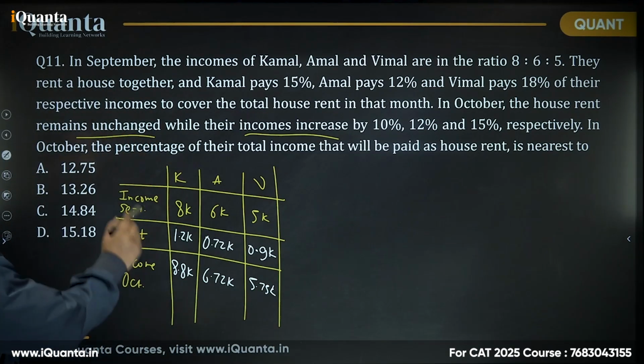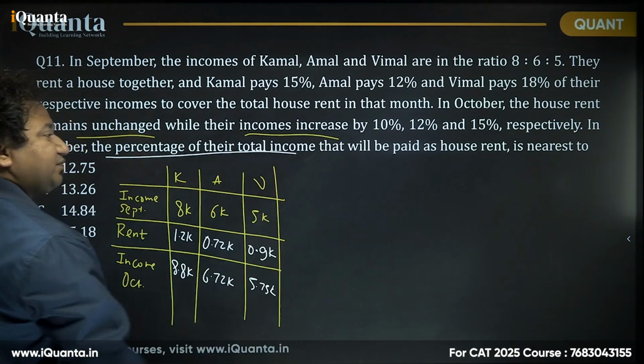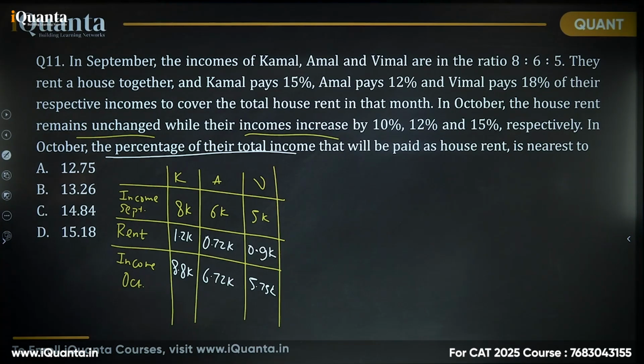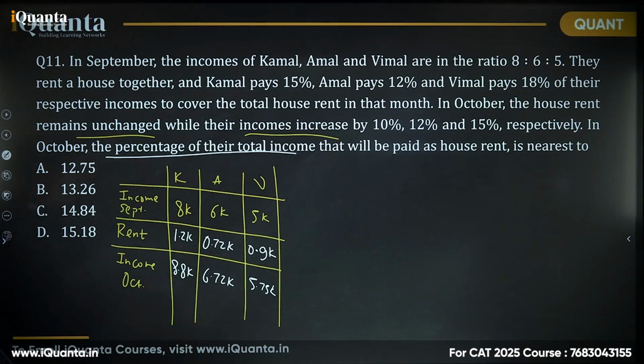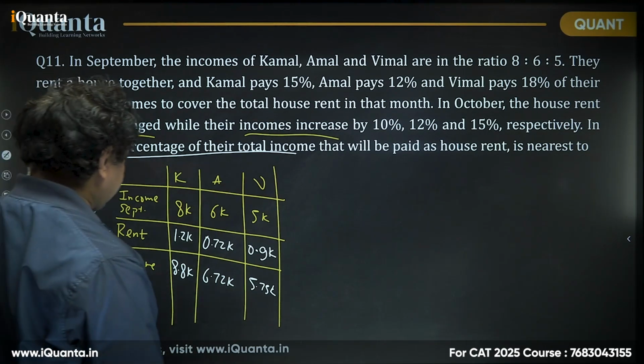Now it says in October the percentage of the total income that will be paid as house rent is nearest to what? So basically we need to add the total rent, divide by the total income and get the answer.